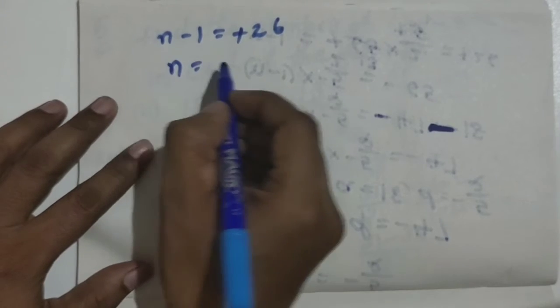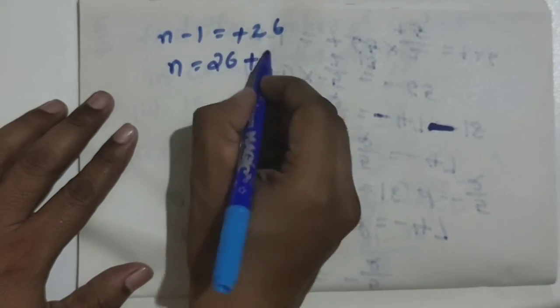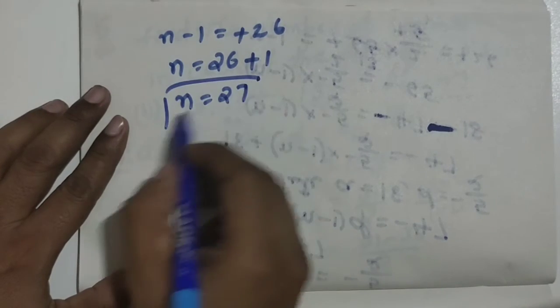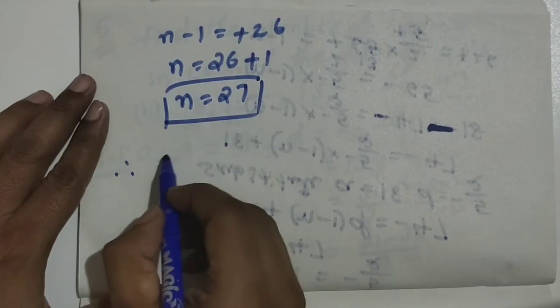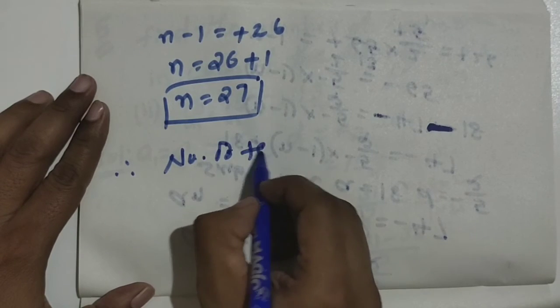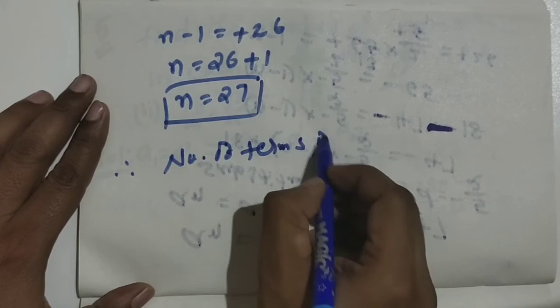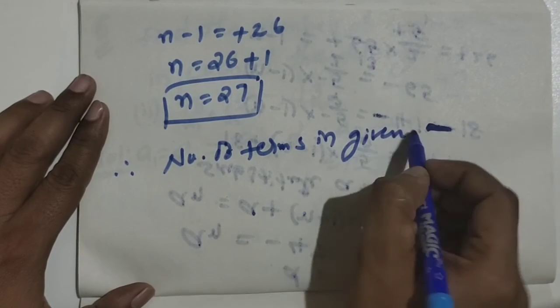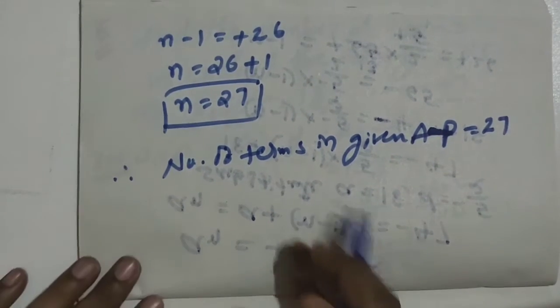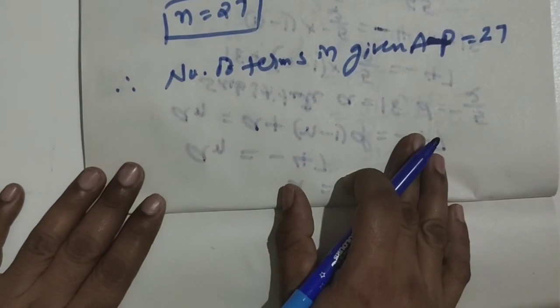Now n is equal to 26 plus 1. So n value is how much? 27. Therefore the number of terms in the given AP is simply 27. That means it contains 27 terms.